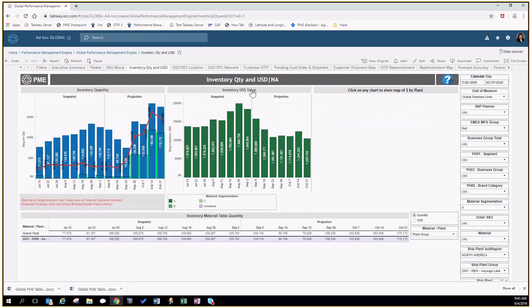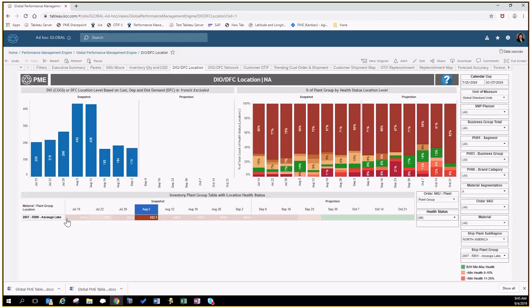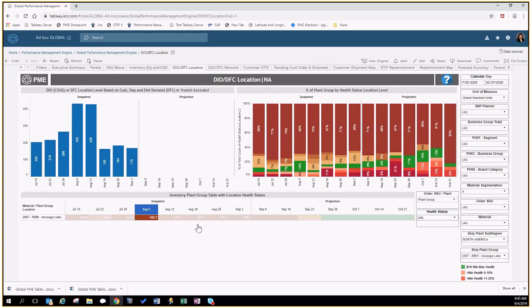When I come back here to DIO DFC, it should not filter this tab. So DIO DFC would ignore the plant group. Right now it is, and this is one of the problems we're trying to fix, because having it go to the ship plant group is misleading. So on this one, ship plant is not going to filter this.